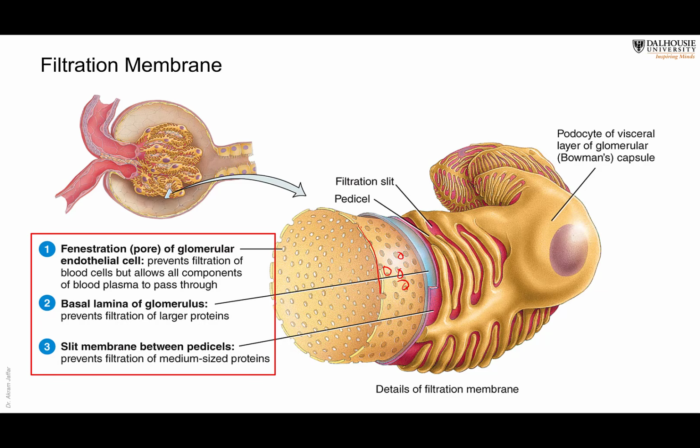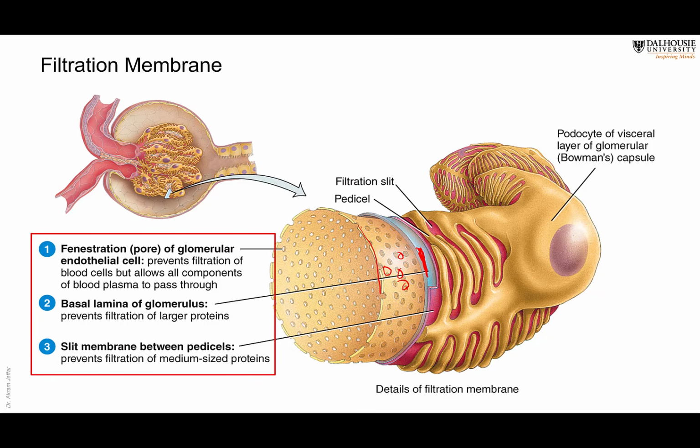So these are fenestrated capillaries, and these fenestrations are so big that they can allow everything to pass through except blood cells. So all constituents of plasma, including the large protein molecules, can pass. And then some of them will be trapped here in this basement membrane. These large protein molecules are going to be trapped here.